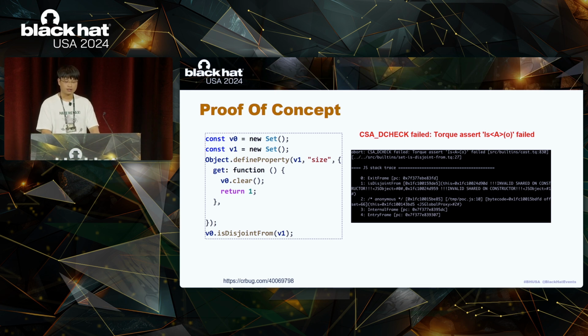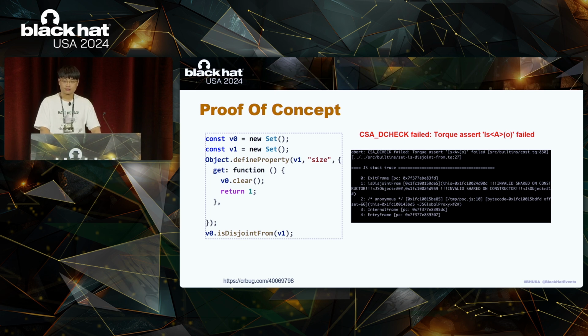This function will be triggered when we try to take the value of property size on V1. In this callback function, it only clears all the elements in the V0 set, and the method disjointFrom will trigger this callback function internally.